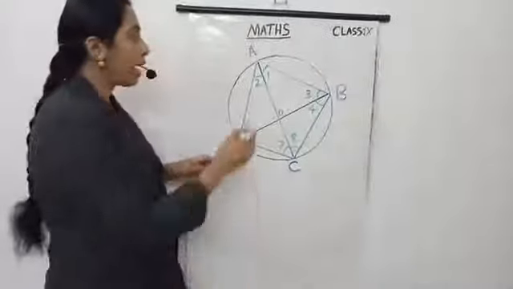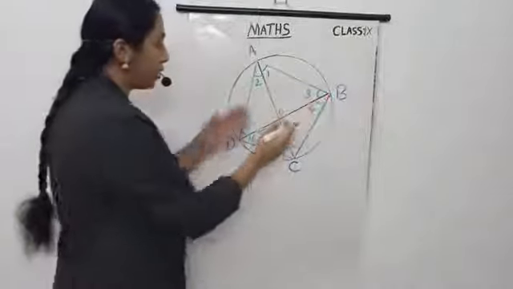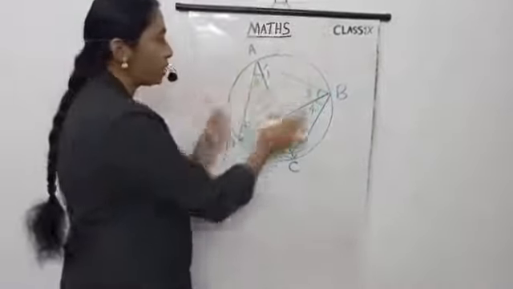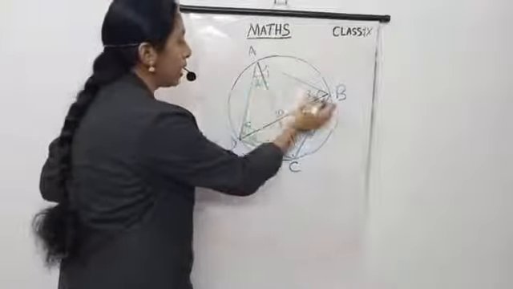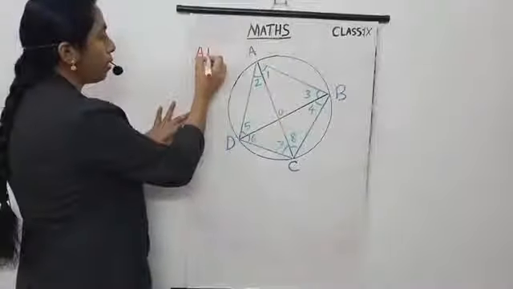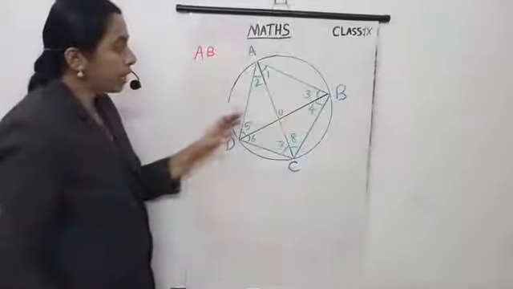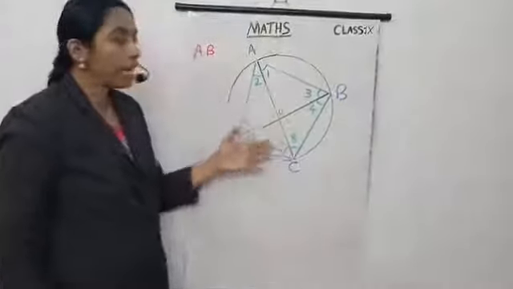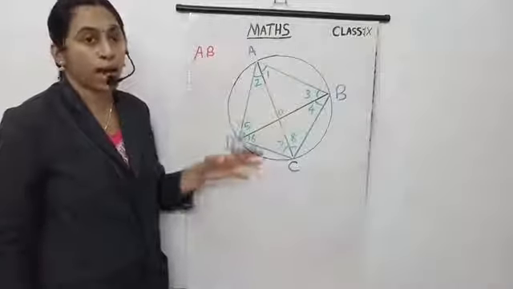Now consider chord AB. All sides of this quadrilateral are chords in the circle. Then we already learned in the last theorem that angles in the same segment are equal.